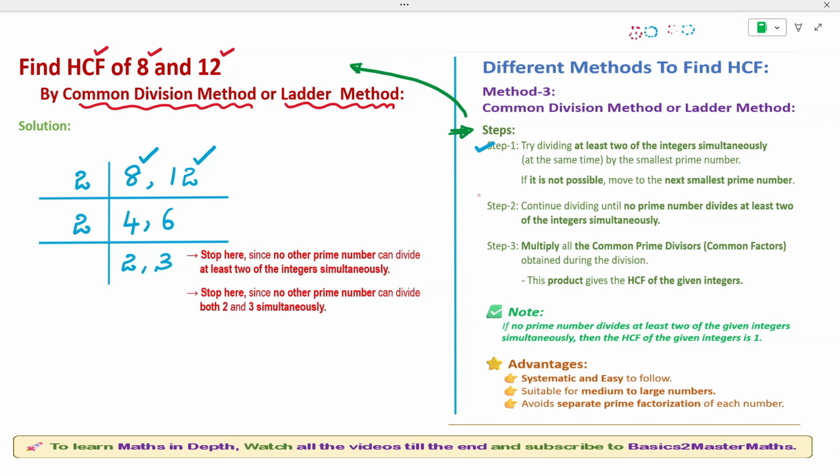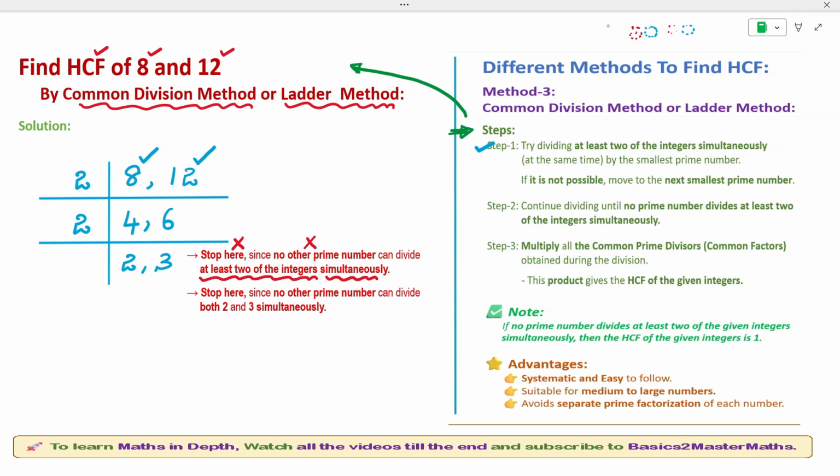Observe carefully. We should stop here, since no other prime number can divide at least 2 of the integers simultaneously.